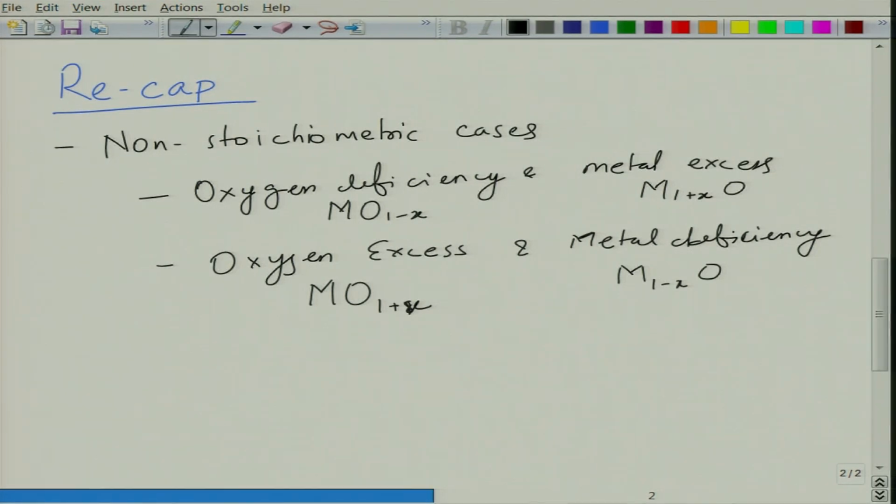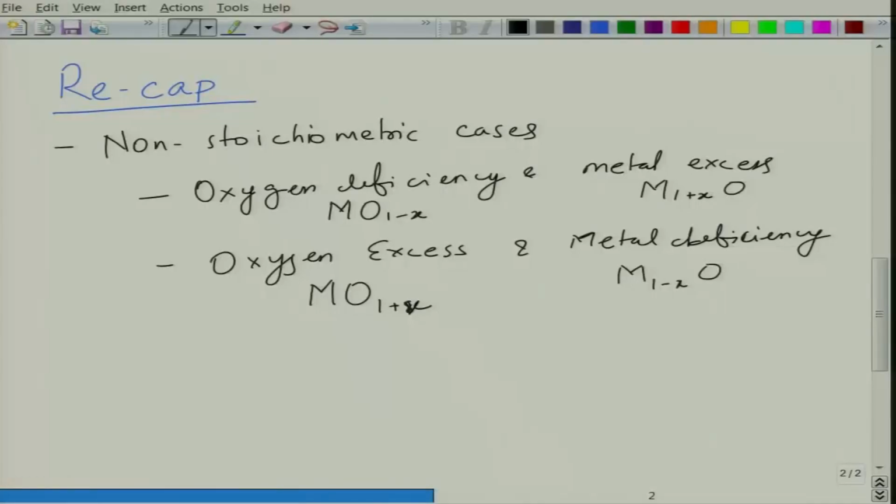So, generally it is metal which reduces or oxidizes, and oxygen excess can be accommodated by formation of oxygen interstitials, which can be compensated by formation of either holes or metal oxidation. Okay. And metal deficiency can be accommodated by formation of metal vacancies, which are compensated by formation of holes or again oxidation of metal ions, and there are various oxides which follow these things.